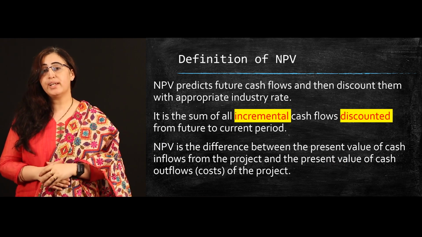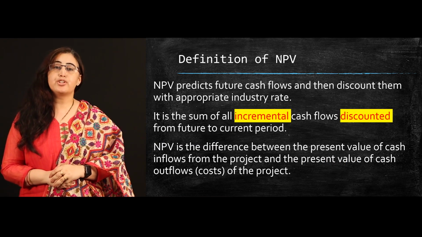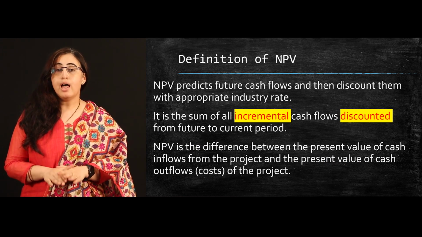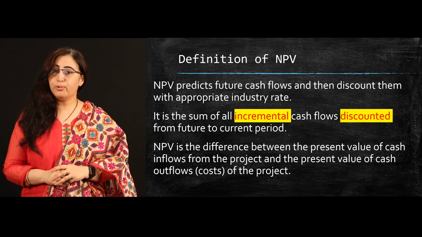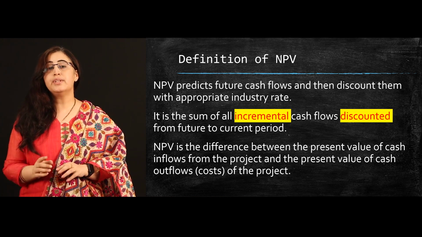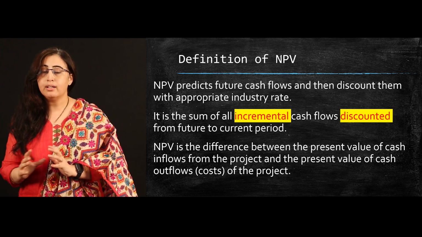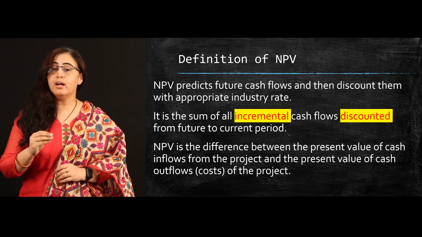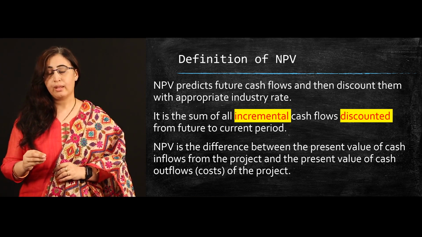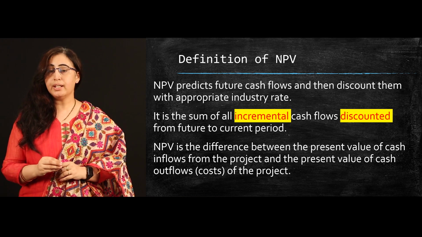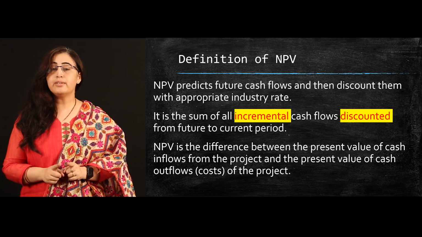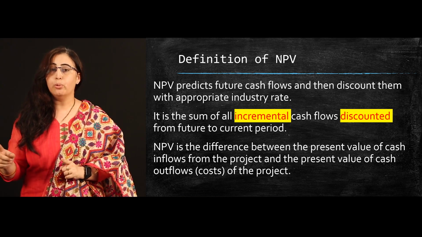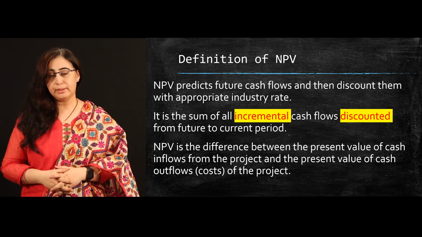Before we move to the example, first look at the definition of NPV. Net present value predicts future cash flows and then discounts them with an appropriate industry rate. For example, if you have 100 rupees today and you discount it with 10%, the future value will be 110 rupees.